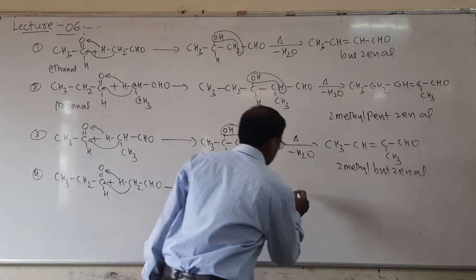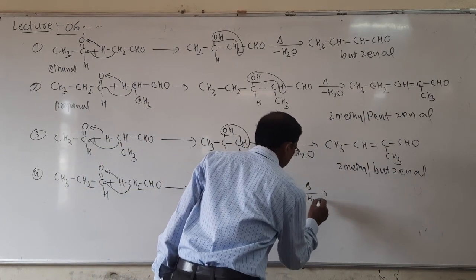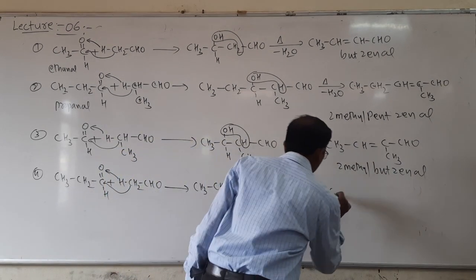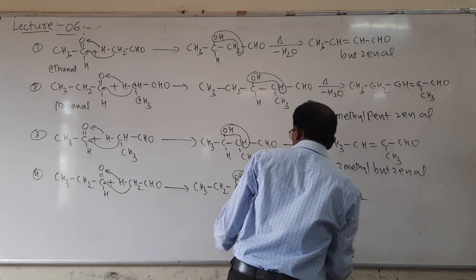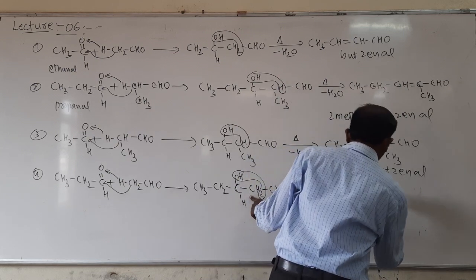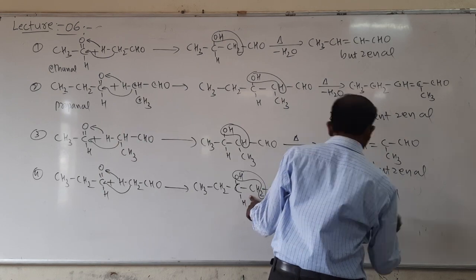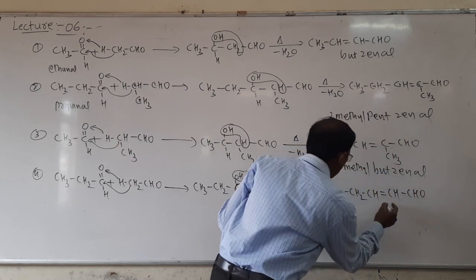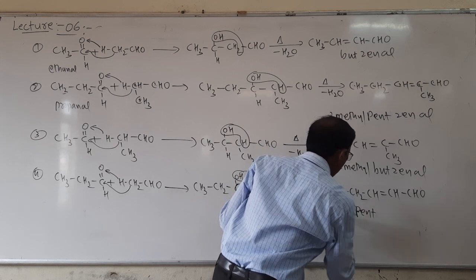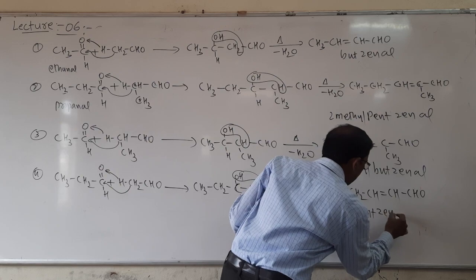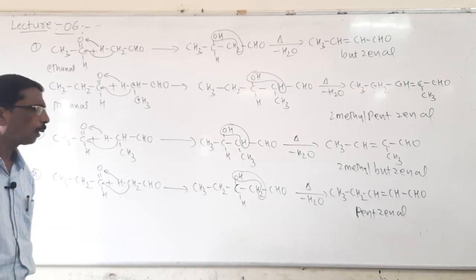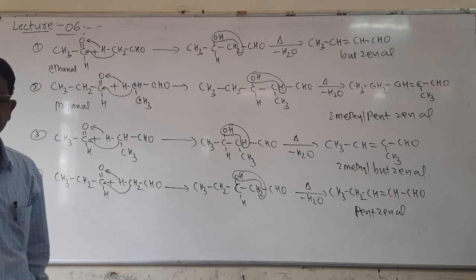Look here, when it is heated, it loses a water molecule, then it forms CH3, CH2, CH double bond CH, CHO. It is called pent-2-enal. Look here, students. Is it right?